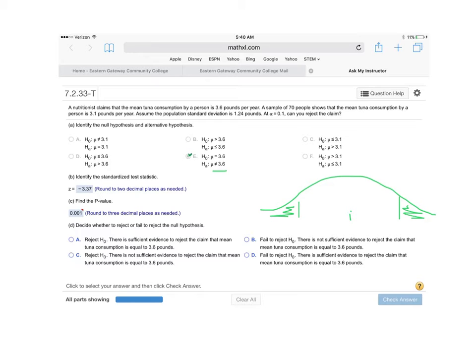We're choosing that column because in our z-score, we have a 7 in the hundredths place. What we notice when we look at that is that the area to the left is 0.0004.